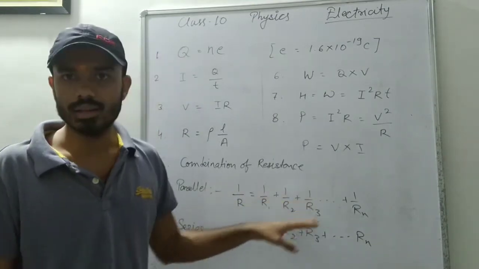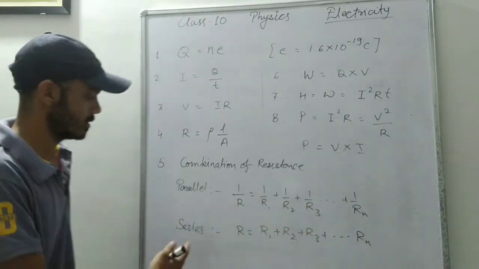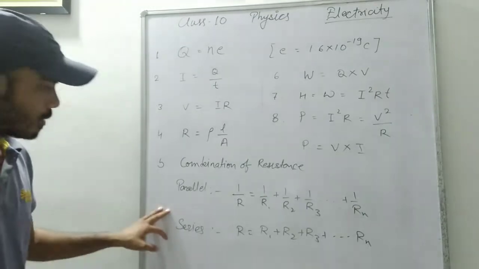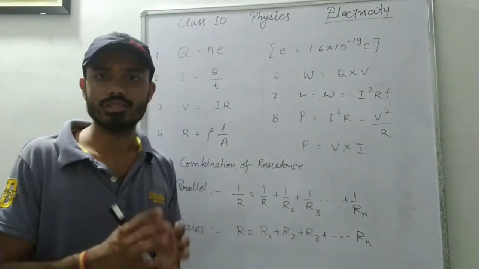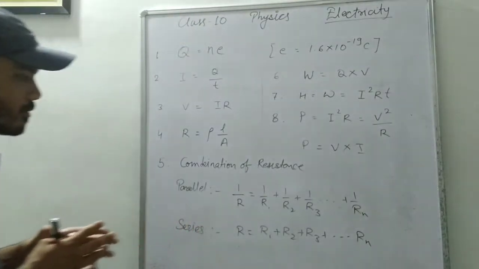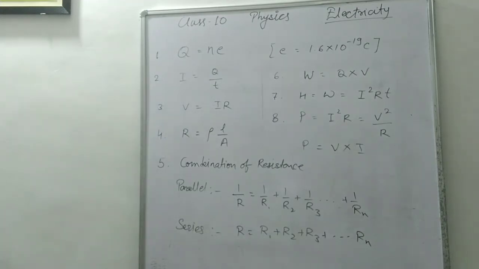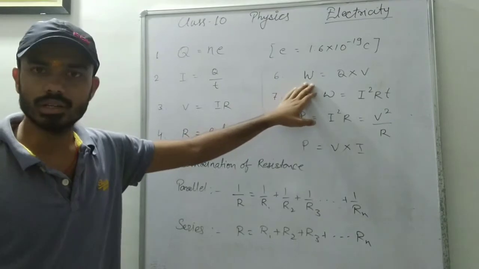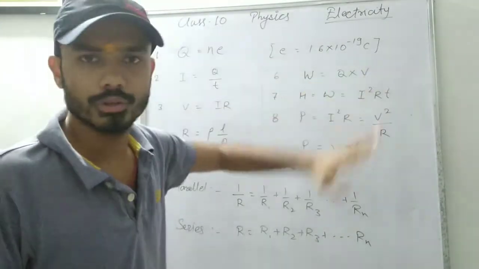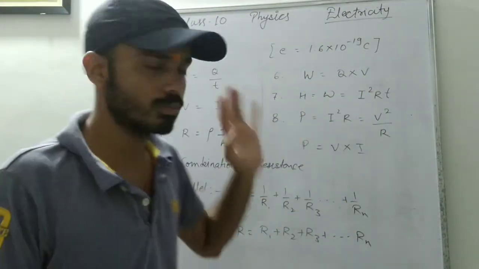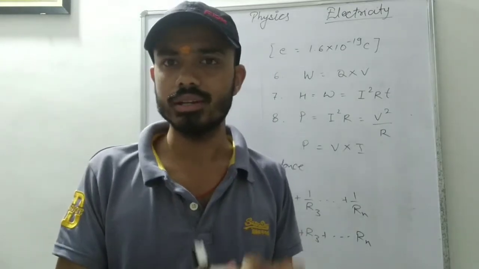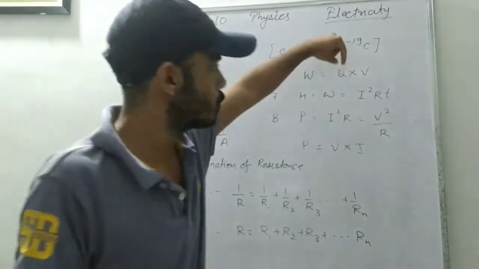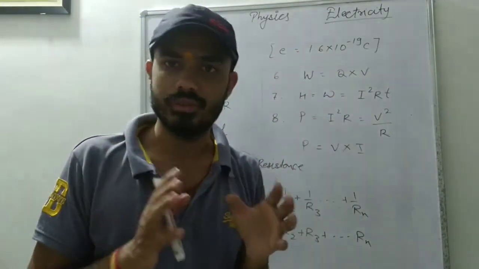In the series combination, we simply sum all the resistances used in the combination. Next is work, which equals the product of Q and V. Here Q is charge and V is potential difference. The total work done is equal to the product of total charge and potential difference.